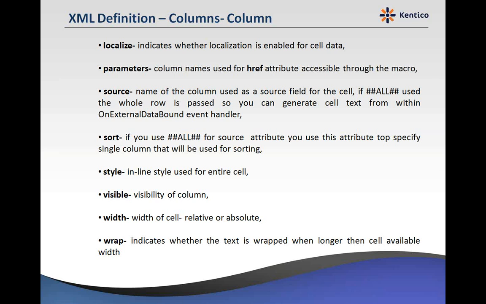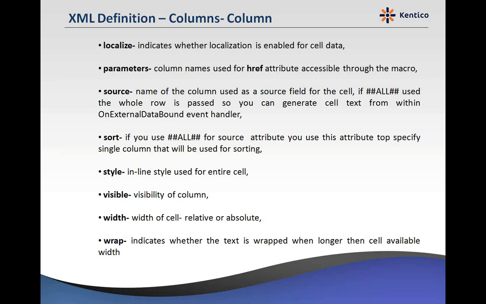So you can either specify a single column from the data source that will provide data for the particular cell, or in addition to that you can use the special macro hash key all and double hash at the end, and in that case the whole row will be passed to the on-external data-bound event handler, so you can access whatever column you need.